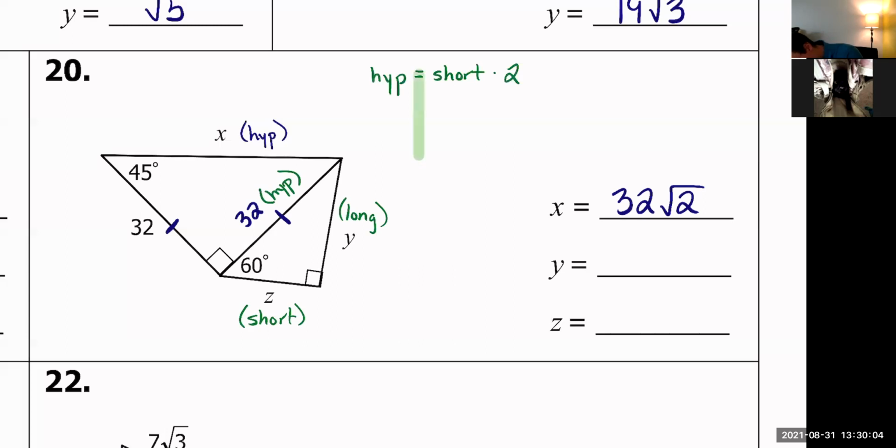For this particular one, our hypotenuse is 32. Our short leg is Z times 2. To find that short leg, all we need to do is divide by 2. So it looks like I get Z equals 16. Jot that down over here.